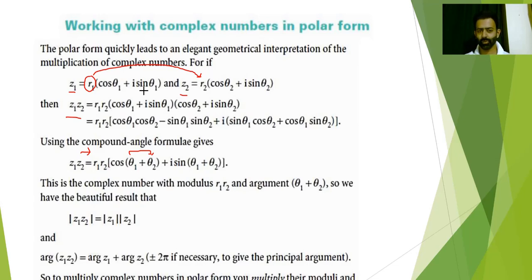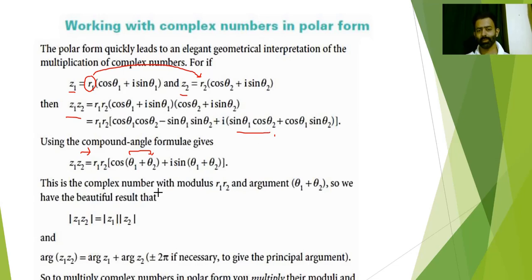Multiplying these two brackets gives cos theta 1 cos theta 2 minus sin theta 1 sin theta 2, plus i times sin theta 1 cos theta 2 plus cos theta 1 sin theta 2. This is nothing but the formula for cos of theta 1 plus theta 2, and similarly for this, sin of theta 1 plus theta 2.